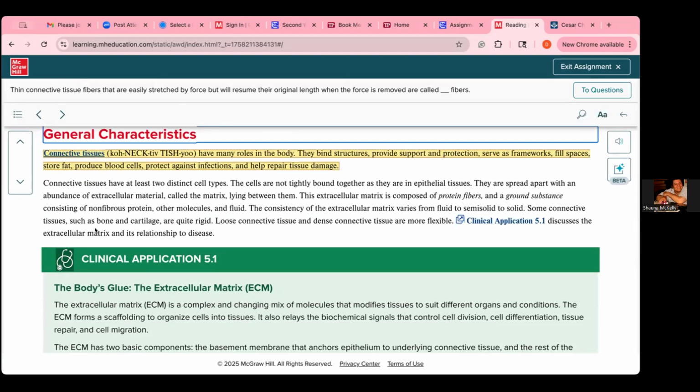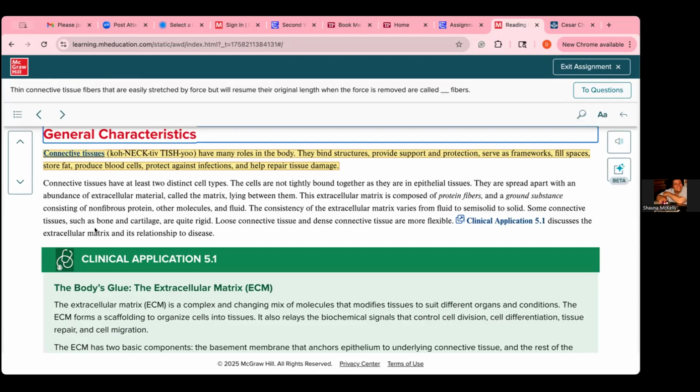Connective tissues have many roles in the body. They bind structures, provide support and protection, serve as frameworks, fill spaces, store fat, produce blood cells, protect against infection, and repair tissue damage. Connective tissues have at least two distinct cell types. The cells are not tightly bound together as they are in epithelial tissues.